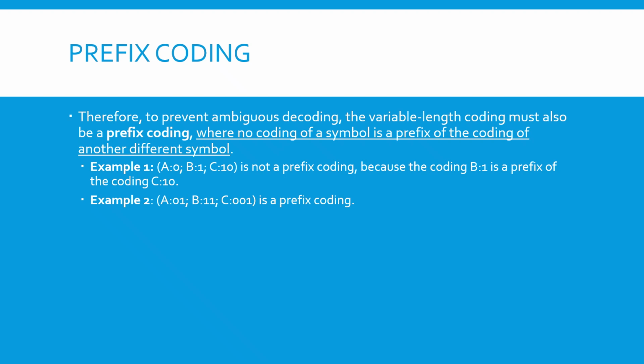This is not a prefix code, because the code for B, 1, is a prefix of the code for C, 10. In contrast, consider the scheme where A is encoded as 01, B as 11, and C as 001. This scheme is prefix-free, since no code word appears as the prefix of another.